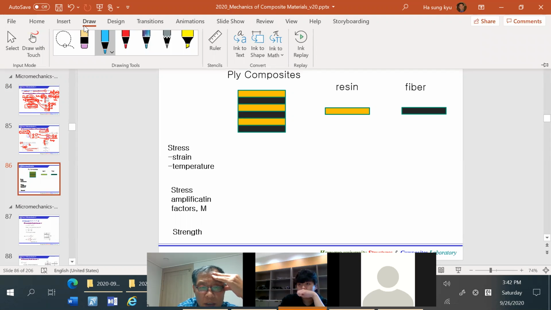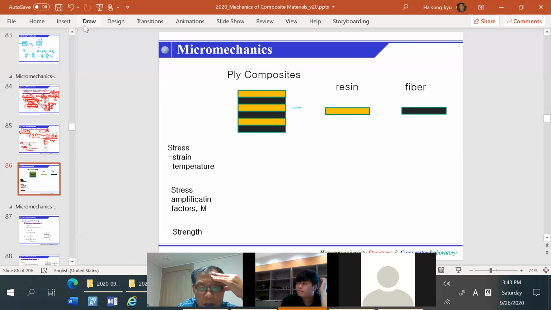Basically, what we would like to do is this. At the composite level, we have stresses subject to sigma x, or sometimes we call it sigma x bar, depending on the situation, and we have epsilon x or epsilon bar. Here we have another stress, sigma y and epsilon y, and we have a shear strain as well.